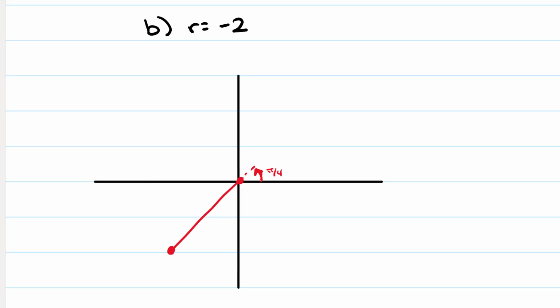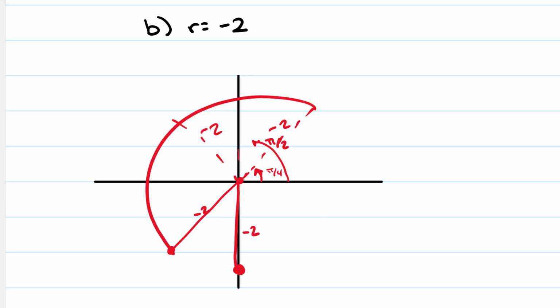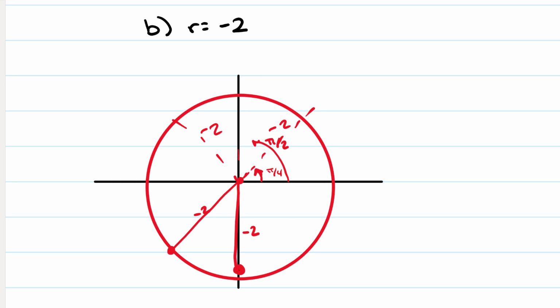If theta is pi over 2, that would be this line here, but then I'm going to go -2, so down this way, -2. And I repeat that process everywhere. And that's going to end up making a circle, with all of these distances being -2.